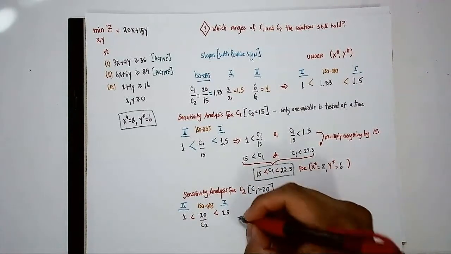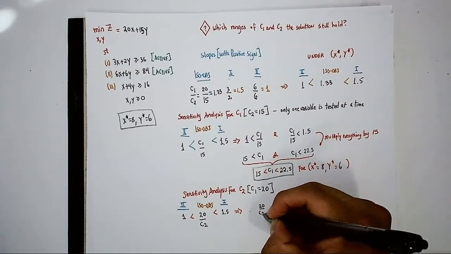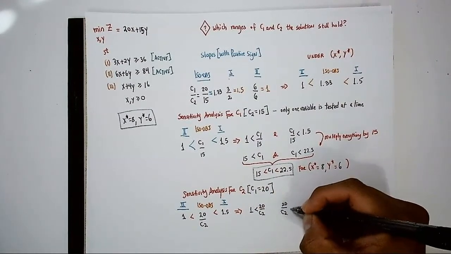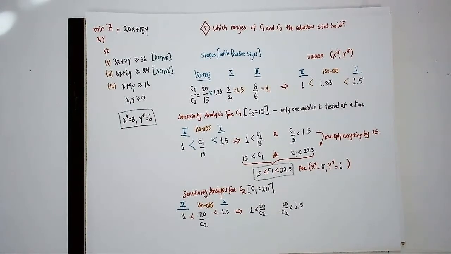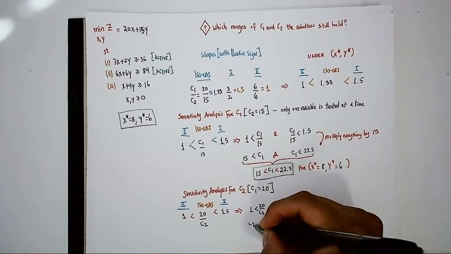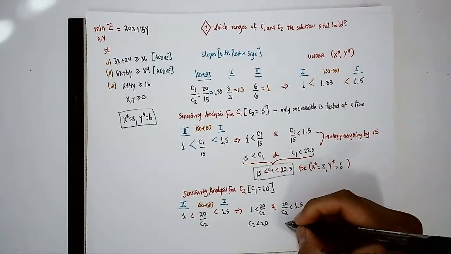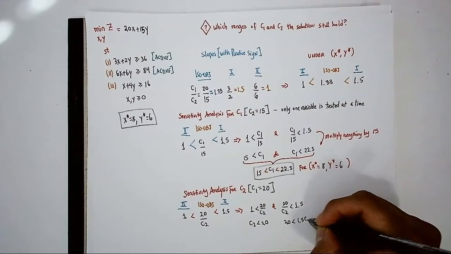From here, we have two relationships. 20 over C2 is greater than 1, but less than 1.5. From here, we can multiply all terms by C2, and we get C2 is lower than 20, and from here, 20 is less than 1.5 C2.